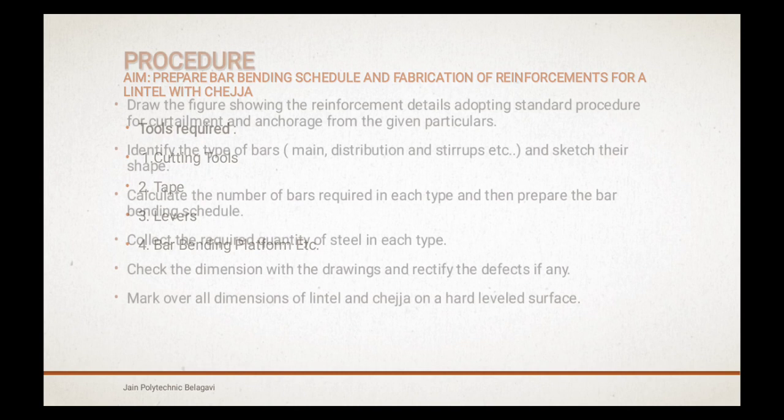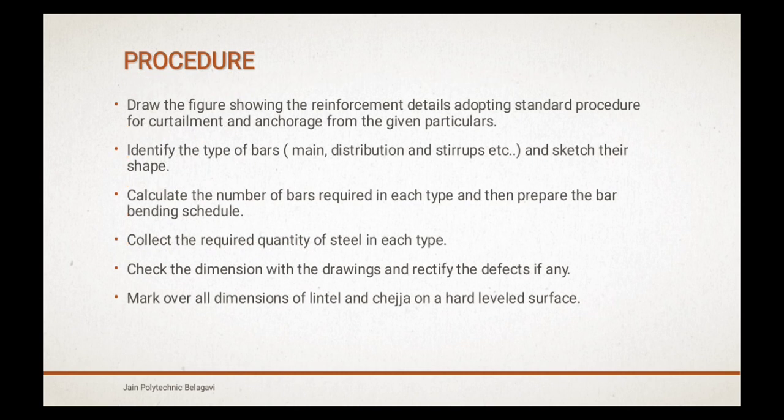So what is the procedure for making a bar bending schedule for a lintel with a chajja? Draw the figure showing the reinforcement detail, adopting a standard procedure for curtailment and anchorage from the given particulars.